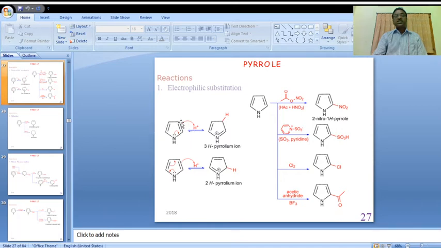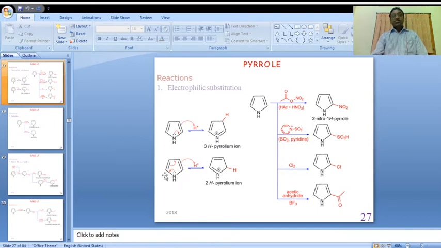The C3 carbon gets negative, and that negatively charged carbon abstracts an H plus ion to give the 3H pyrrolium ion. It is a positively charged species, with the positive charge on the heteroatom, which is why it is named pyrrolium ion.